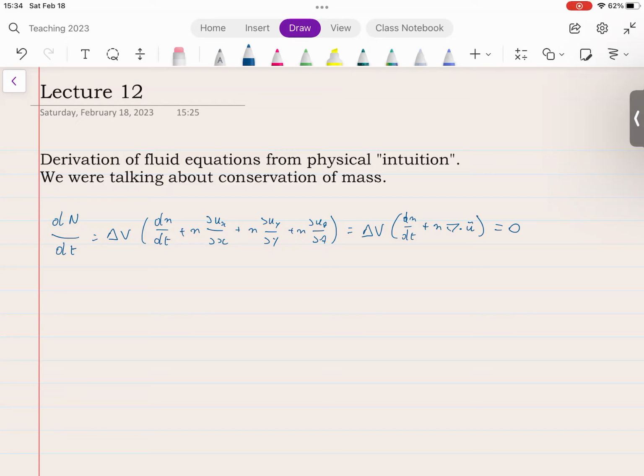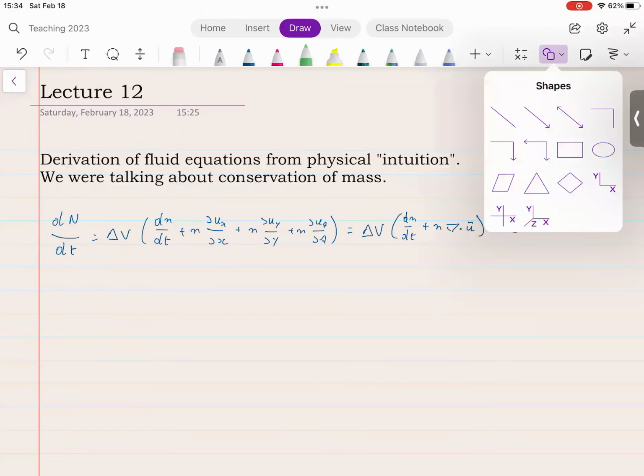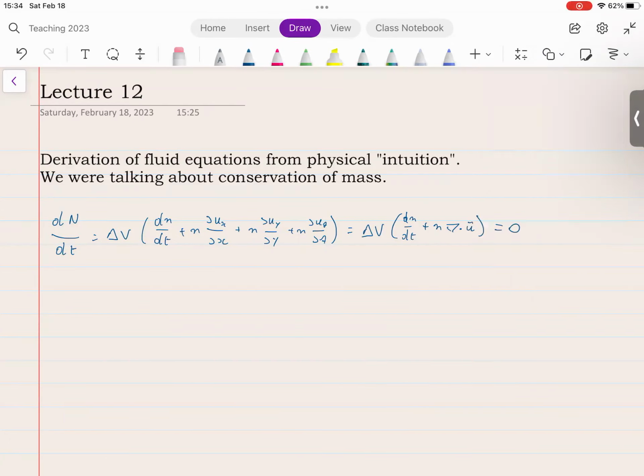Let me just put this in as a reminder. This capital N is the number of particles in the fluid element.